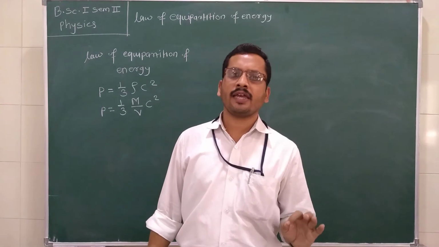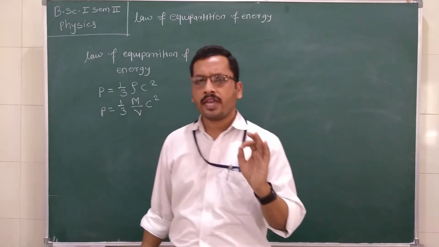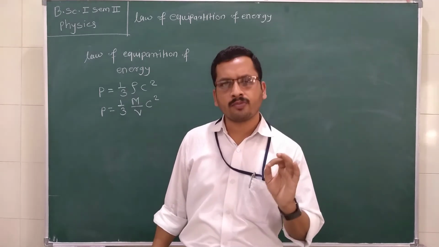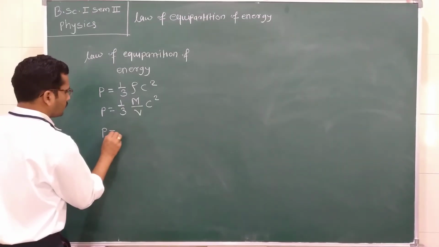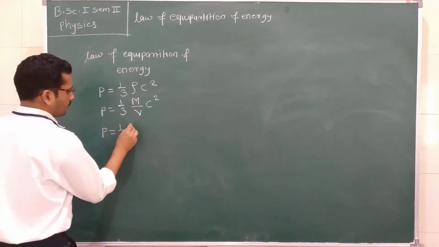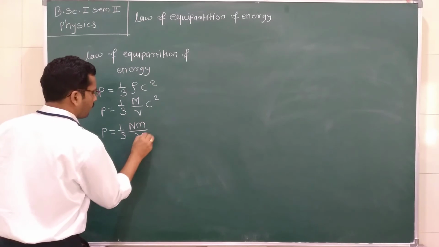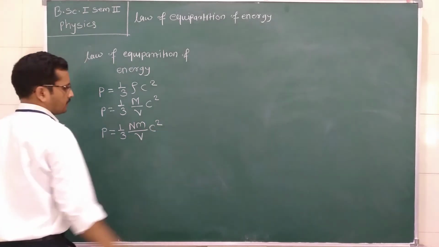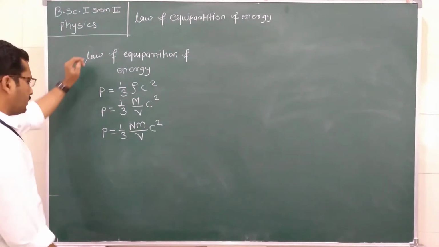If the gas contains n molecules, each molecule having mass small m, then we can write the pressure P is equal to 1 by 3 n multiplied by m divided by V multiplied by C square. Okay, so the pressure can be written like this.